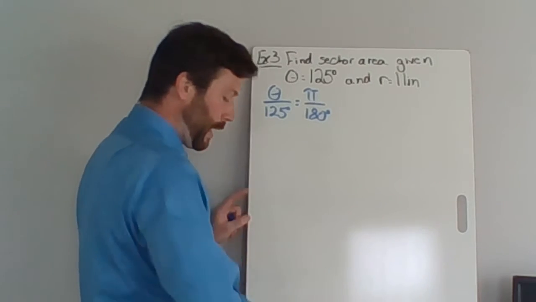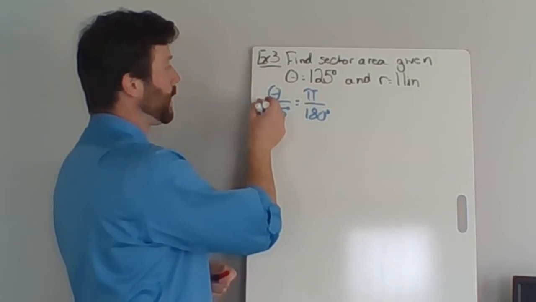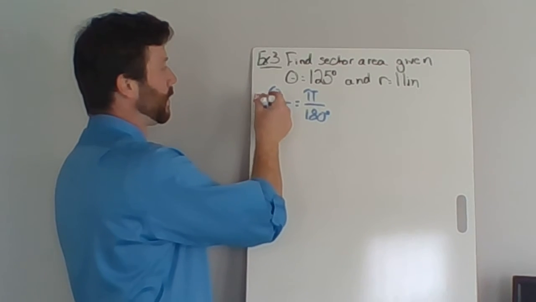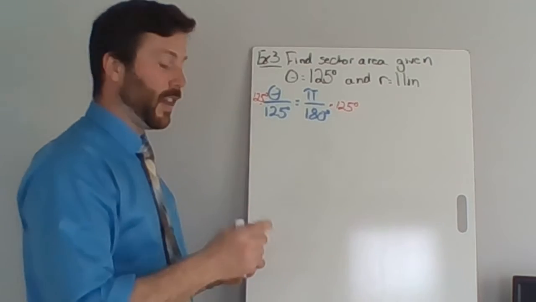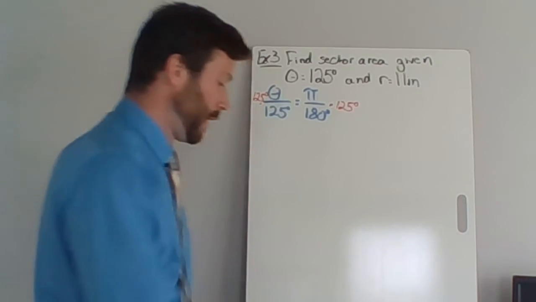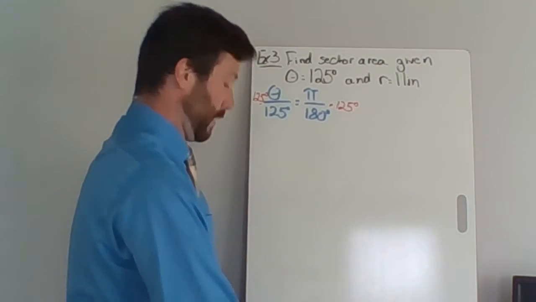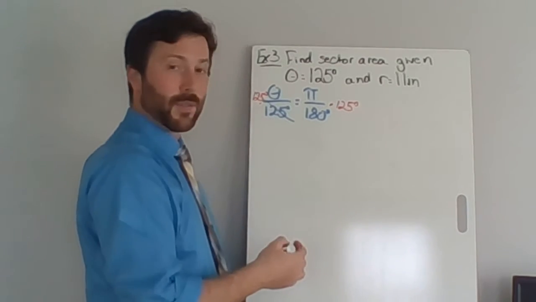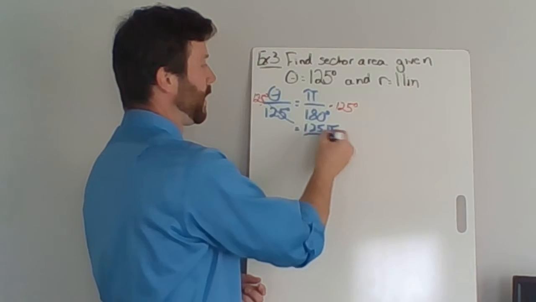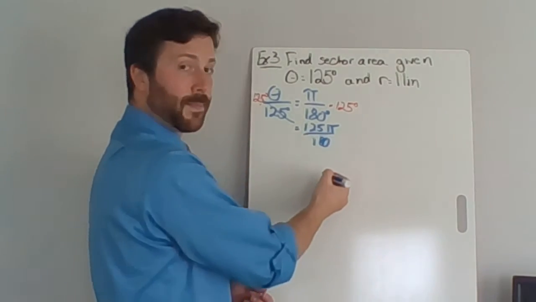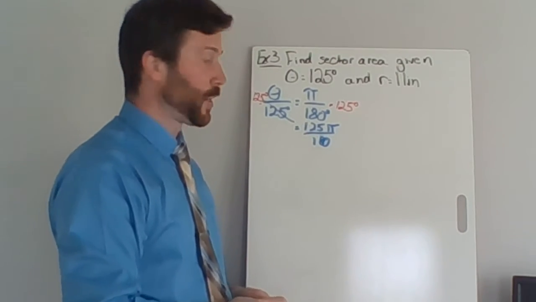If I multiply both sides by 125 degrees, that will give me what the measure is in radian. So these 125s will cancel, and I'll have 125 pi over 180. Now I want to reduce that as much as I possibly can.